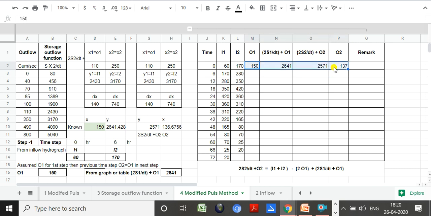Now let us shift this value to the second column.